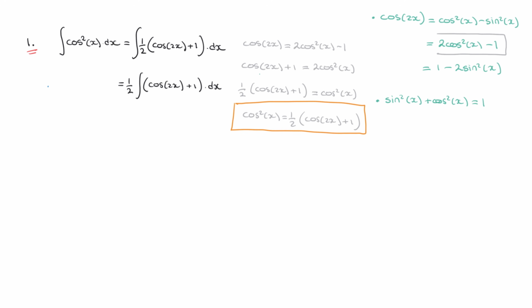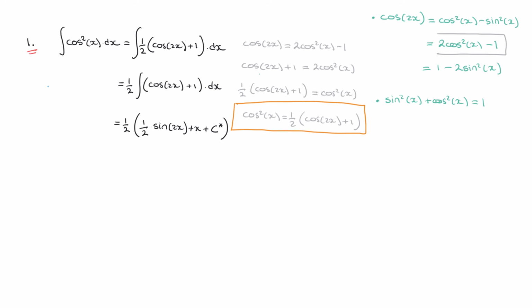And now we can take care of this integral. Indeed, this will equal 1/2 times, in parentheses, the integral of cosine of 2x, which is 1 over 2 times sine of 2x, plus the integral of 1, which is just x, plus some constant of integration c. And in fact, I'll call it c star, and you'll understand why in a minute. And I close that pair of parentheses.